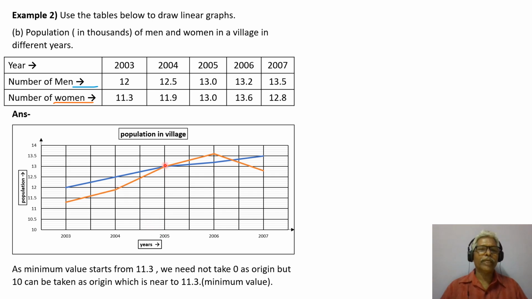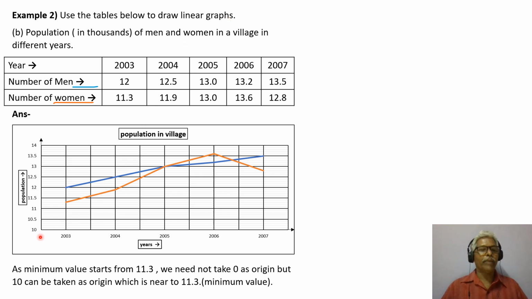Then it matches here. Then 2006 is here, 13.6, like that. So this is how you have to draw this graph, and that was the only thing we have to do.